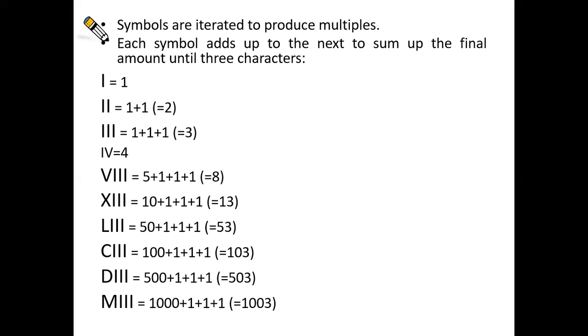We have a V, which is equivalent to 5 plus 1 plus 1 plus 1 equals 8. 10 plus 1 plus 1 plus 1 equals 13. 50 plus 1 plus 1 plus 1 equals 53. And so on.